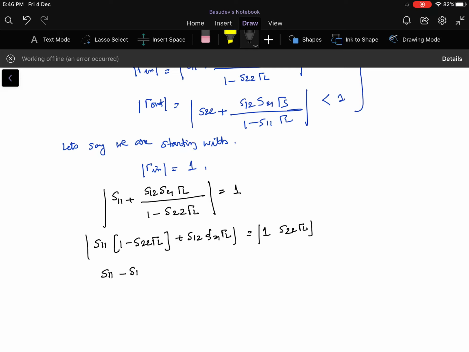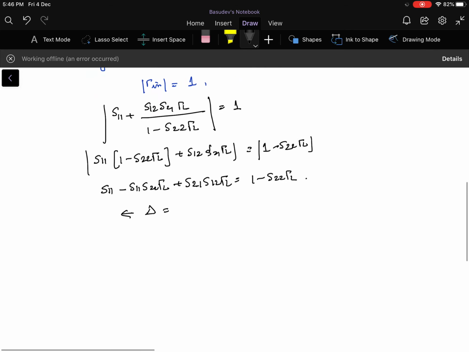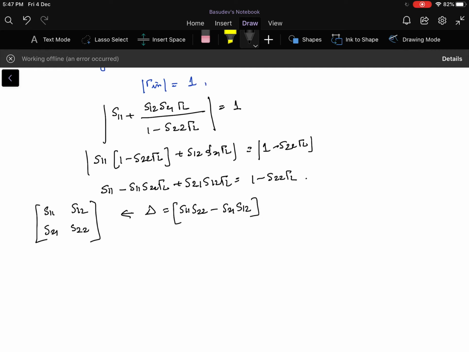Now again I can write S11 − S11 S22 τL + S21 S12 τL, and it is |1 − S22 τL|. So the determinant of the S matrix: if my determinant is S11 S12 S21 S22, then the determinant would be S11 S22 minus S21 S12. So using this determinant, I can write the equation as |S11 − Δ τL| equal to |1 − S22 τL|.